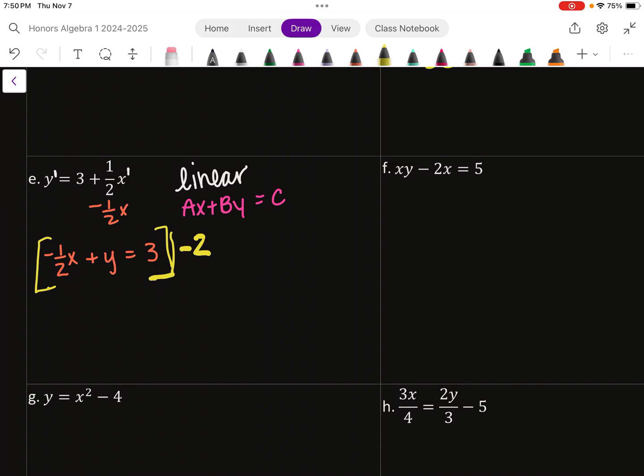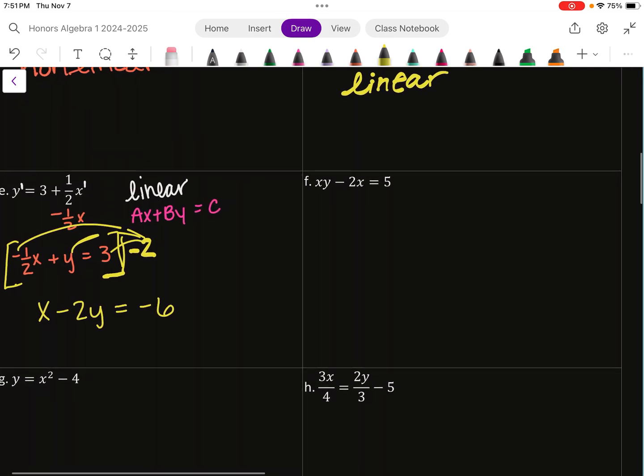So if I multiply this inside, I get x minus 2y is equal to -6. So that is the standard form equation of that function, or linear equation.